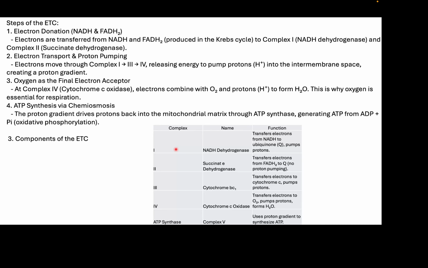So if you have a higher reduction potential, which means you can release an electron very well, right? If we talk about these complexes, the first complex will have the ability to receive an electron. This one will also have the ability to receive an electron. This will also have the ability to receive an electron. But where is this ability coming from? This ability comes from the elements.